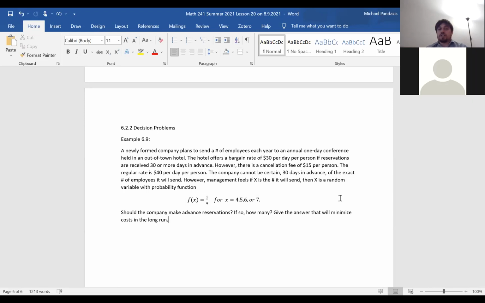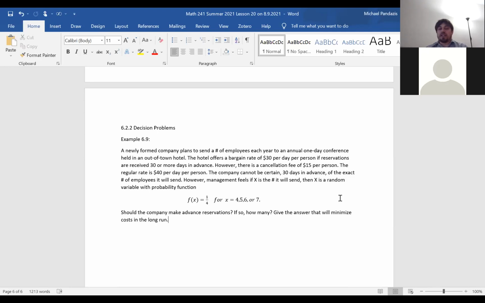The regular rate is $40 per day per person. The company cannot be certain 30 days in advance of the exact number of employees it will send. However, management feels if X is the number it will send, then X is a random variable with probability function f of X equals 1/4, where X equals 4, 5, 6, or 7.